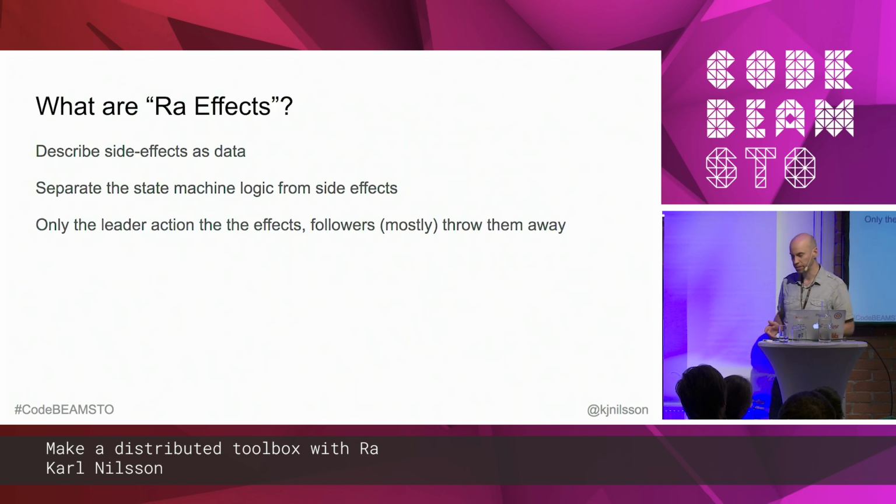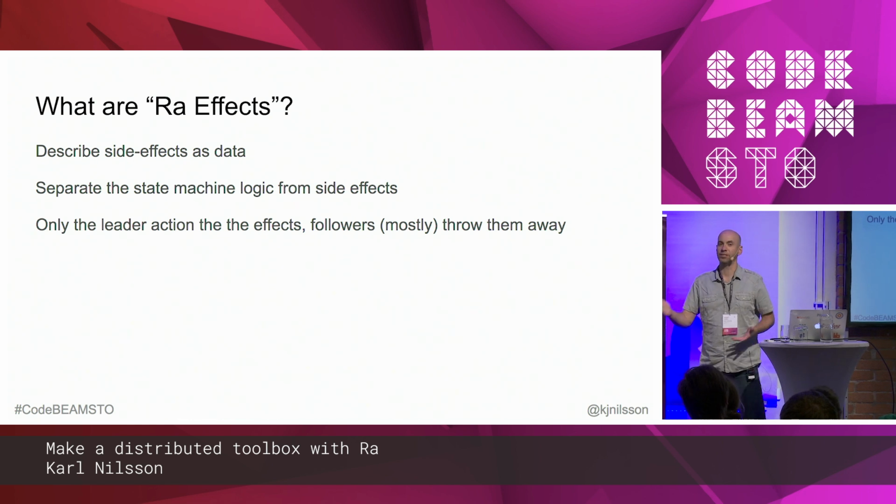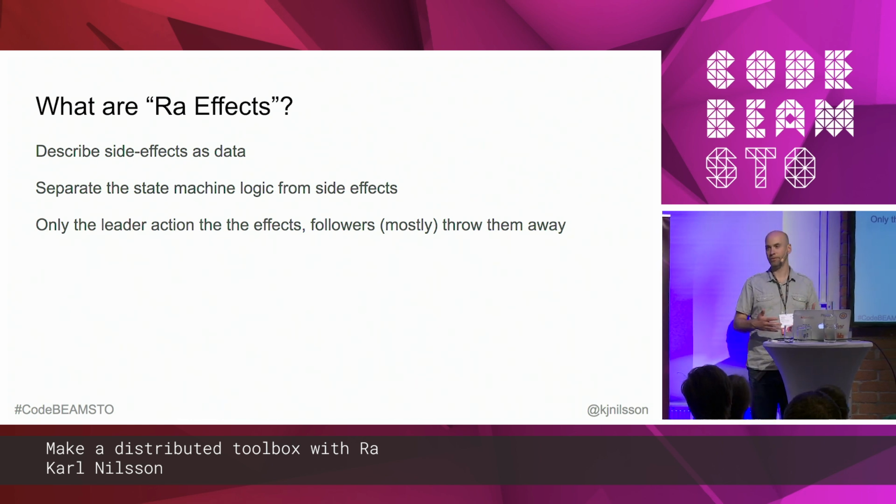So what are these effects? They are data that describes side effects that we want to have in the Erlang environment. So we use them to separate the state machine logic from the side effects that we want to have, right? So we effectively want to control the side effects, because if you restart, you don't want to reissue all the side effects again, because you only want them to happen at most once.